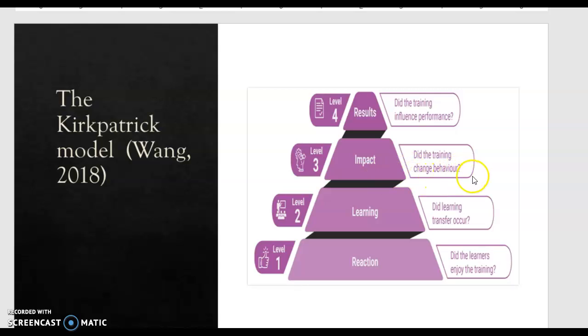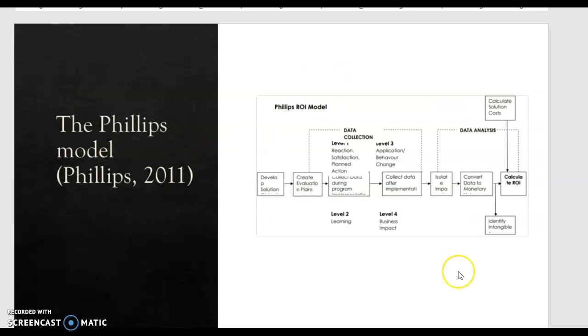Did the trainees change behavior? That means they absorb the training, they use it. And the last level is the result. Did the training influence performance? That means can the learners apply what they learn to real problems or solve the problems correctly using what they have learned?